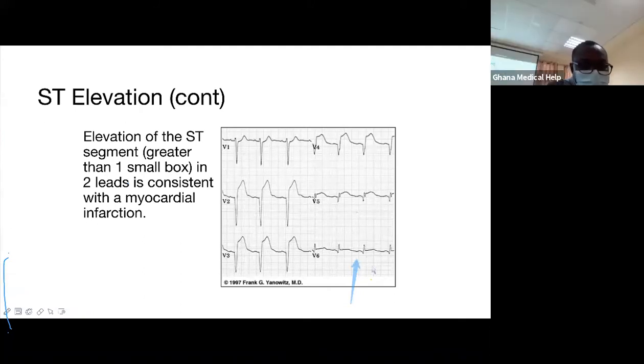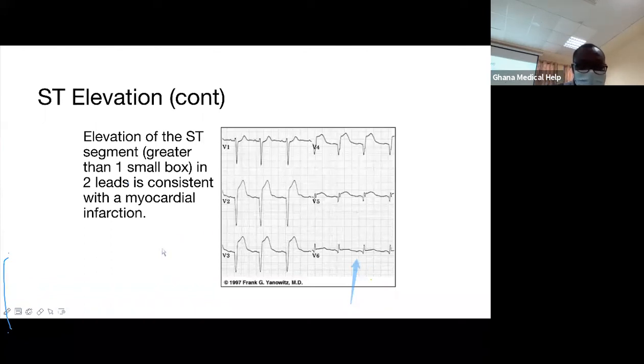Elevation of the ST segment, usually greater than 1 small box in 2 leads, is typically consistent with a myocardial infarction. The various leads look at different aspects of the heart, so you don't just find an elevation in only V2 or only AVF and call that an ST elevation myocardial infarction.